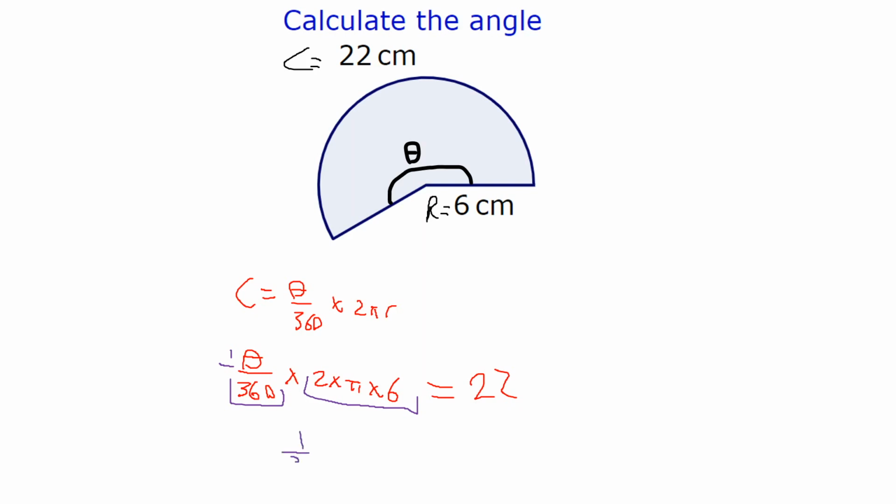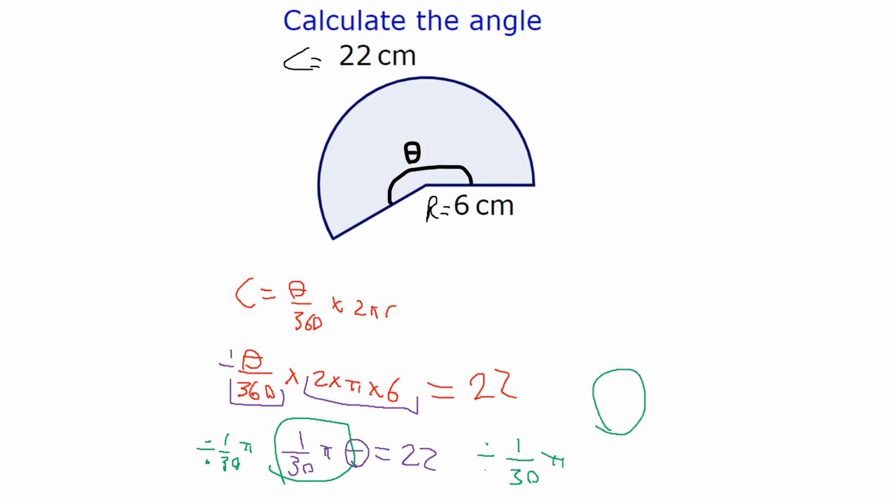So 1 over 30 pi times theta is equal to 22. And now we divide both sides by 1 over 30 pi, because we need to get rid of it and put it on the other side. And so therefore, theta is equal to 210.1 degrees.